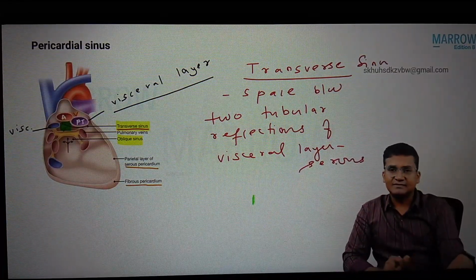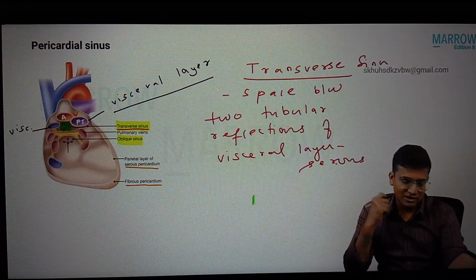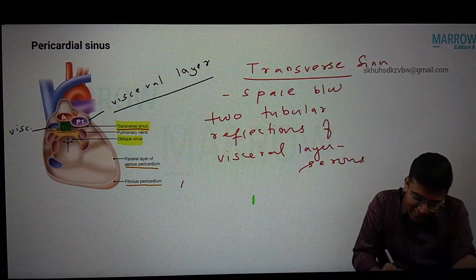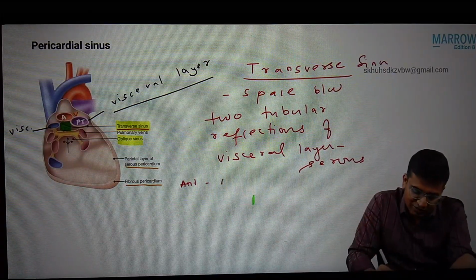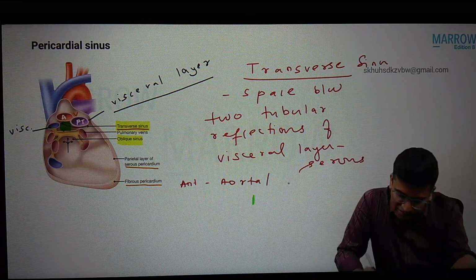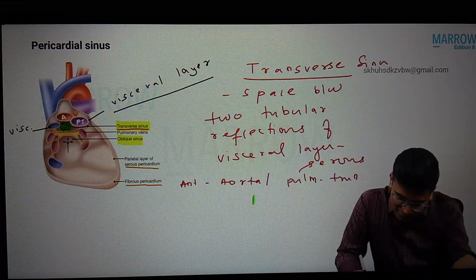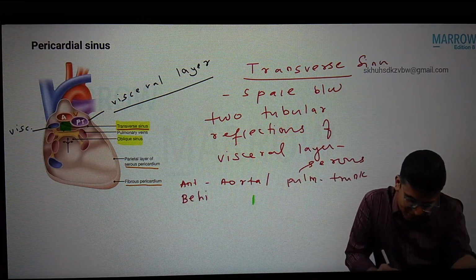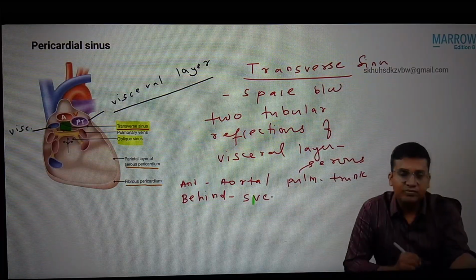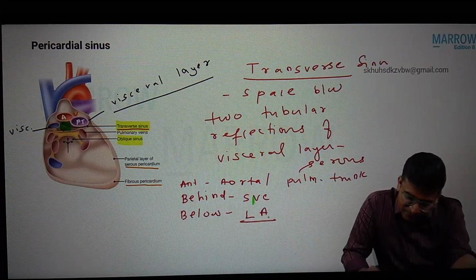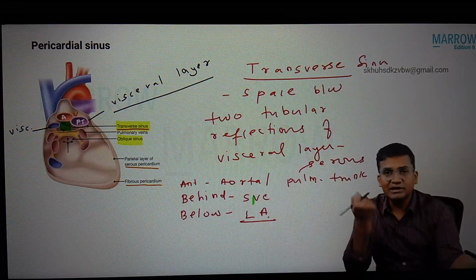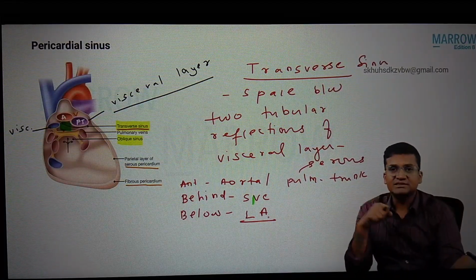Now, what is the boundary? In the front, anteriorly, we have the vessels, our aorta and pulmonary trunk. Behind, the superior vena cava. And below, our left atrium. This is the boundary of the transverse sinus.